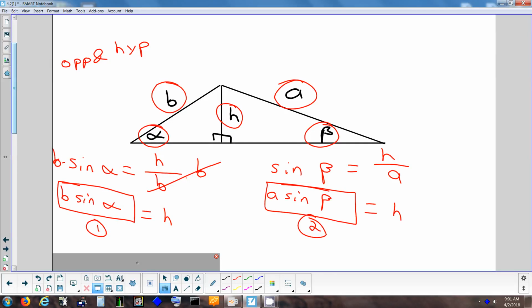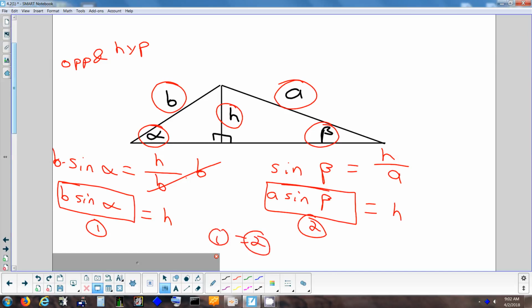You get the same number, right? Box 1 calculates the height, box 2 calculates the same height. It's not a different height, they're both calculating the height. So box 1 and box 2 give you the same number, so that means box 1 and box 2 are equal.